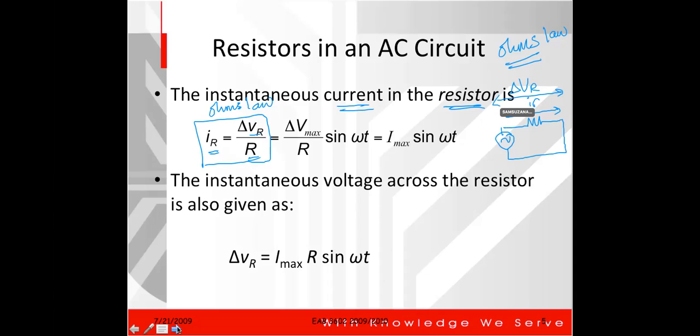So VR is equal to, ambil balik. Okay. V kat dalam sini sama delta VR ada sama dengan delta Vmax. Delta VR sama delta Vmax sin omega t kan. Sekejap. Nampak tak? Dia keluar daripada ni.